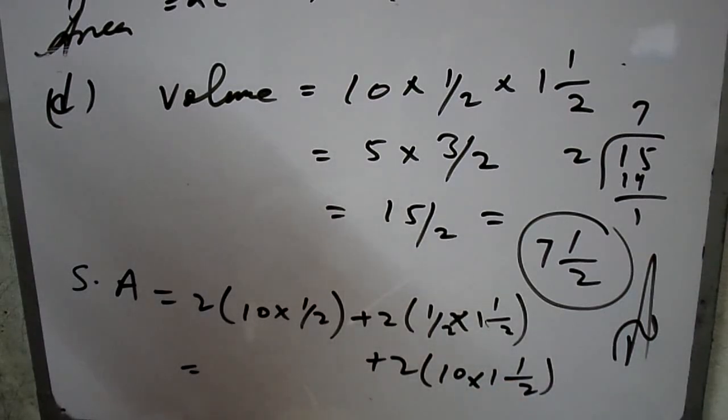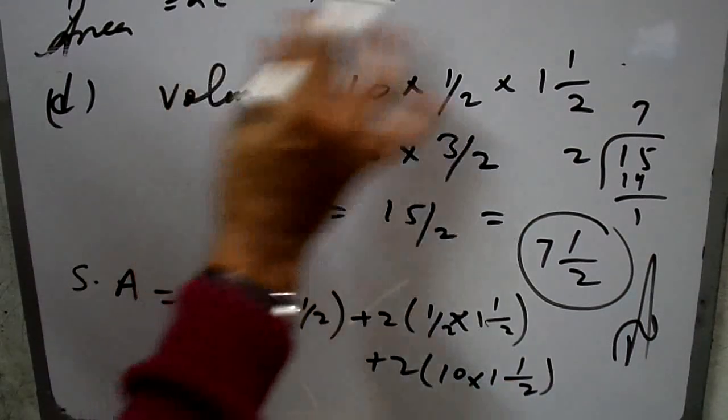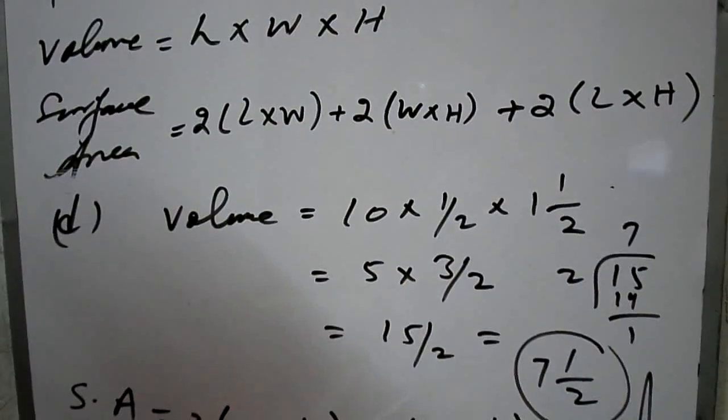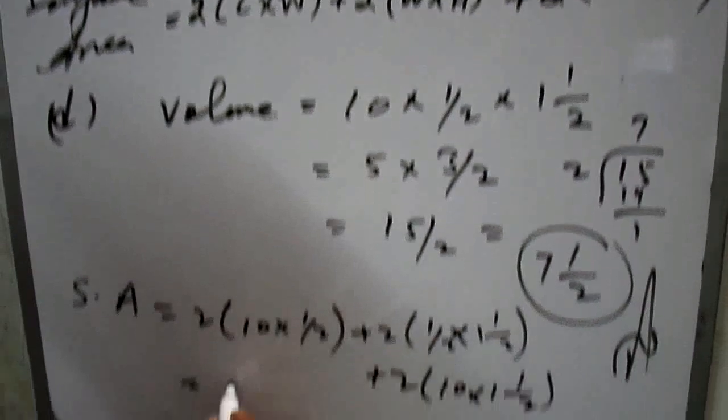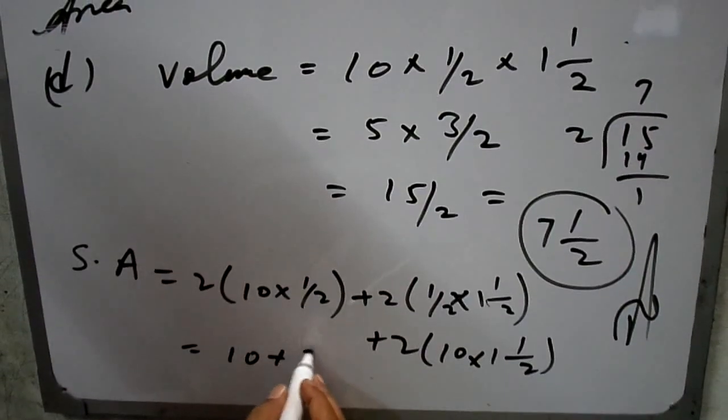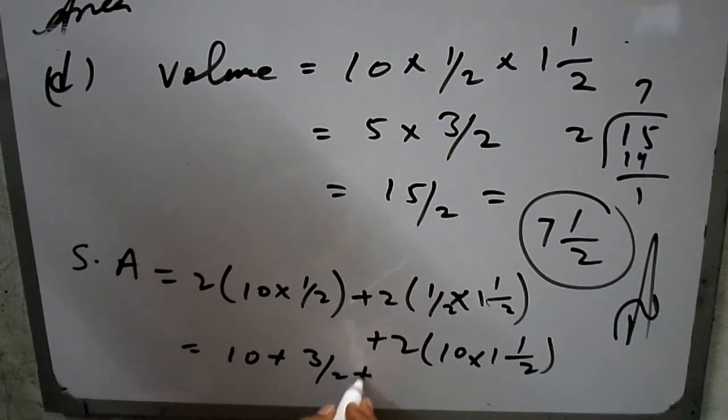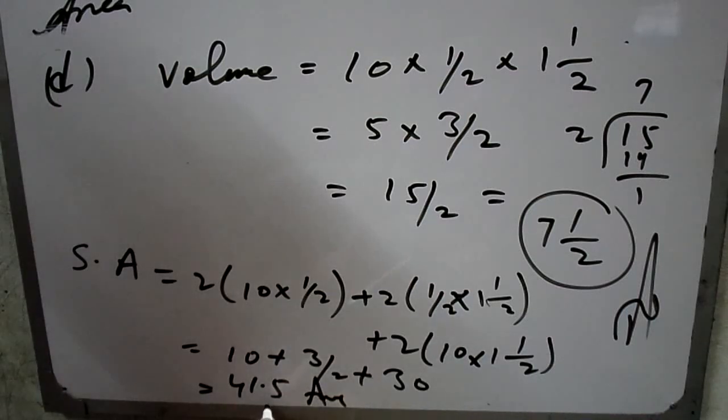If you have the idea about the formula, you can use it easily. By simplification you will get 10 into 3 by 2 plus 30, so your result is 41.5 centimeters square. So that is your result, centimeters square.